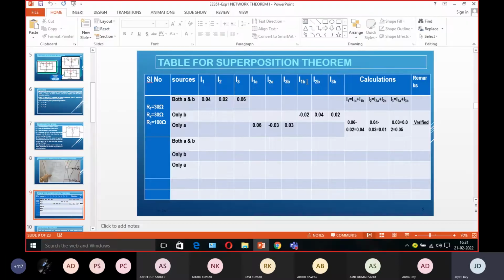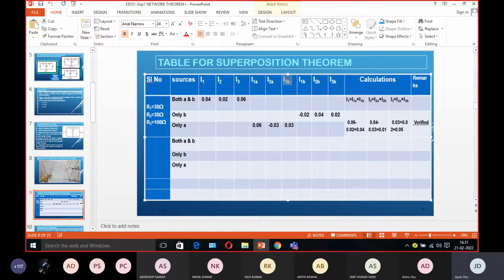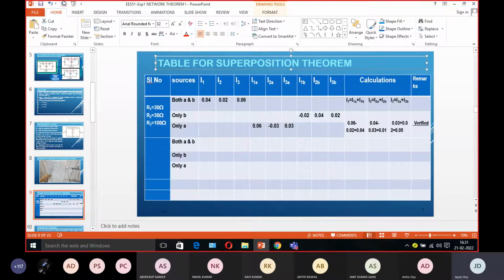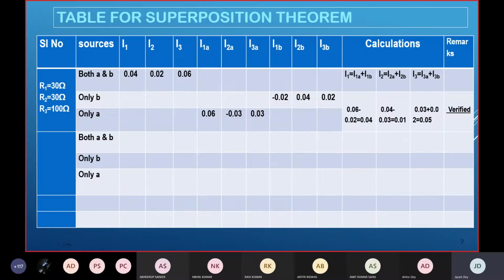Very sorry, just one minute. This is not I3B, this is I3A. So find out I1A, I2A and I3A. Next, just do the opposite thing. Include VB 5.5, omit VA and find out I1B, I2B and I3B. And now you verify whether this algebraic summation is coming out the same as I1, I2, I3 or an error exists.